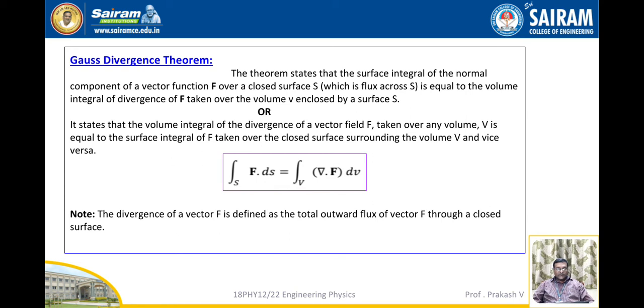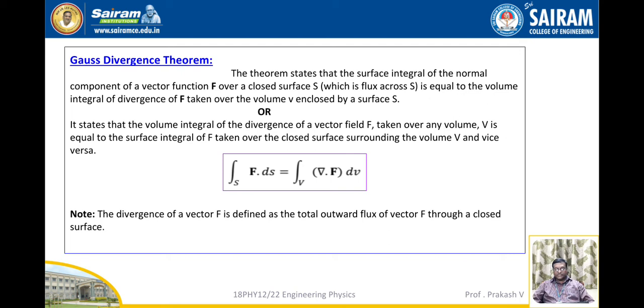That is, surface integral F dot dS is equal to volume integral del dot F dV. Here the divergence of vector F is defined as the total outward flux of vector F through a closed surface.